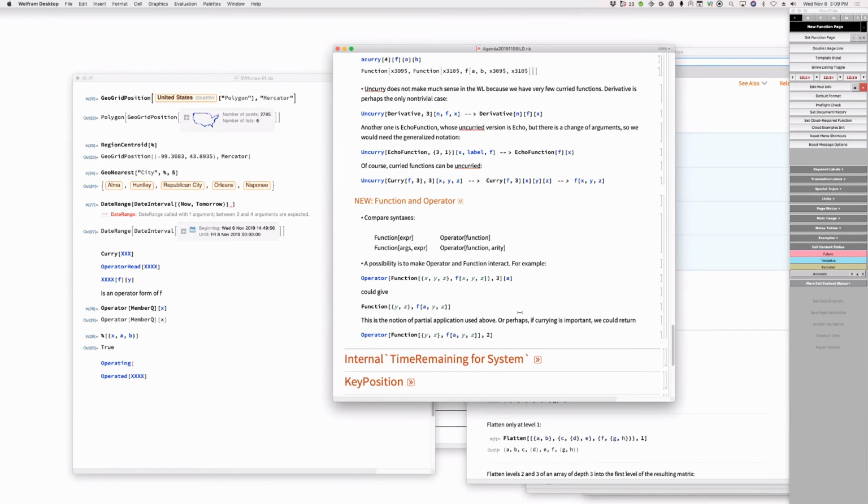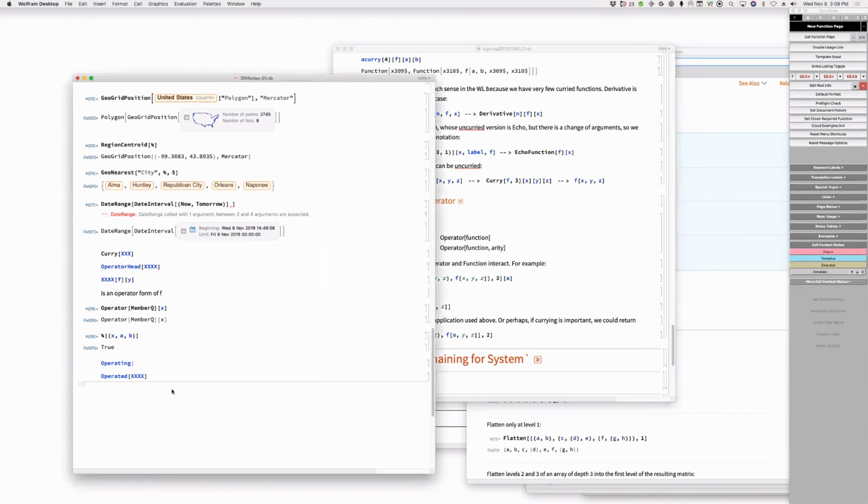So an operator of a function here, I mean, if we say operator, function xy, and then we say f of x, y here. What does that do when applied to A, B?